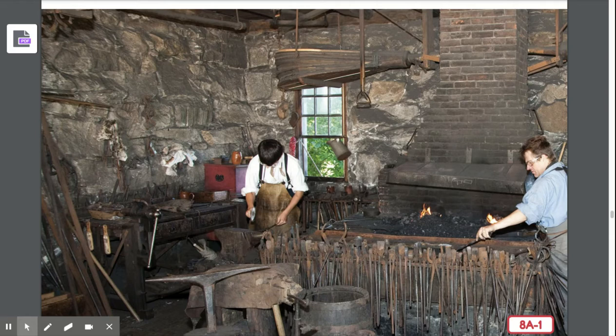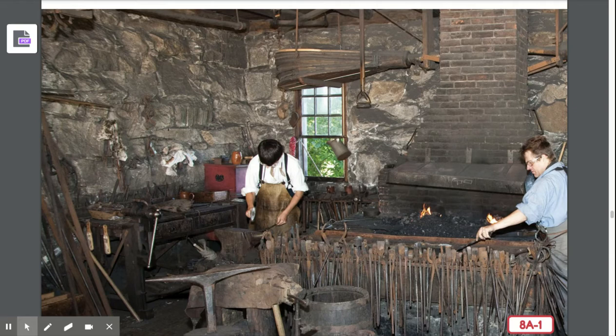The blacksmith made iron into tools and was therefore very important because he helped everyone else do their jobs. You will learn about the blacksmith in our next read aloud.